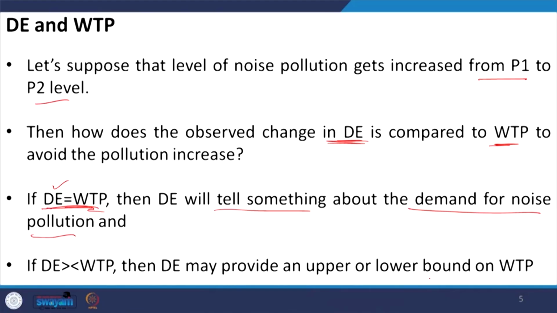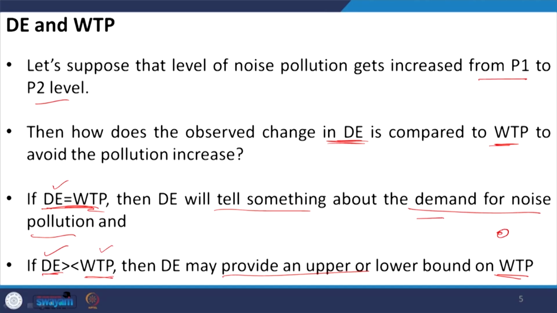So, in these conditions, let us say the amount of defensive expenditure is greater than willingness to pay. That means you are making more expenditure on these defensive mechanisms than what you are willing to pay. So, in this case it will be providing an upper limit of the willingness to pay itself, right, because we are not saying that willingness to pay is this one number.